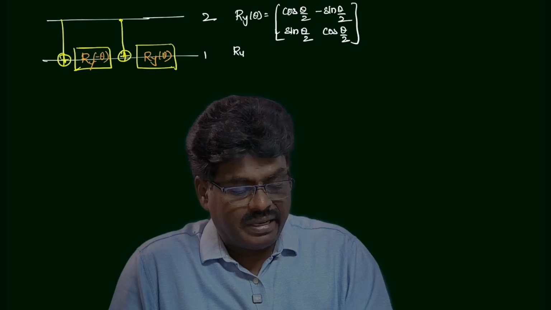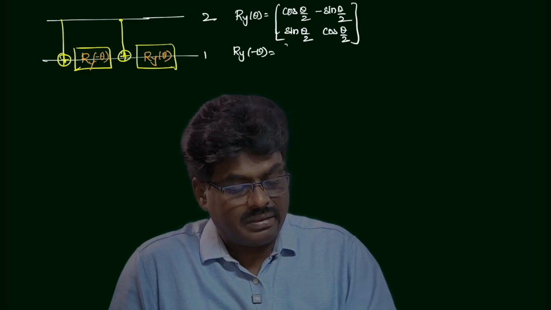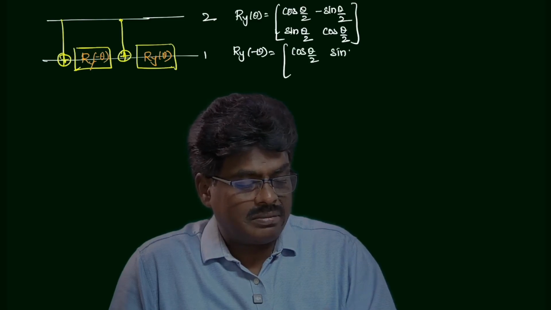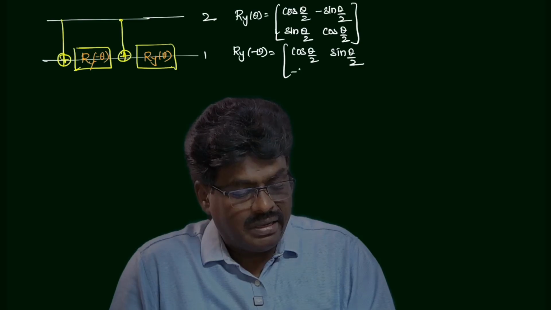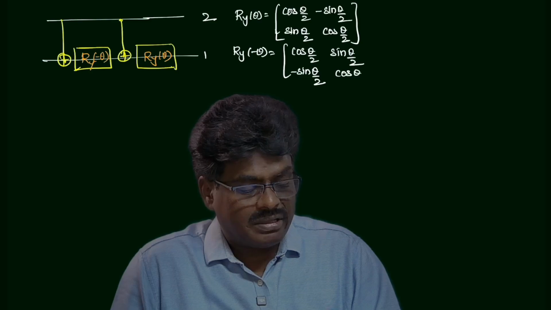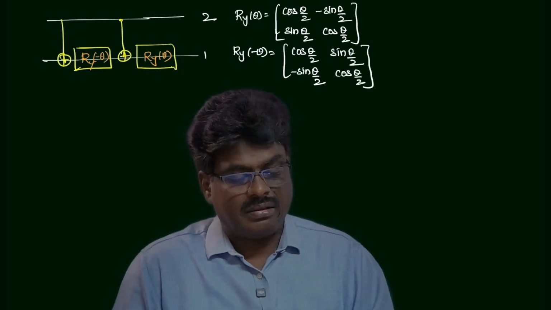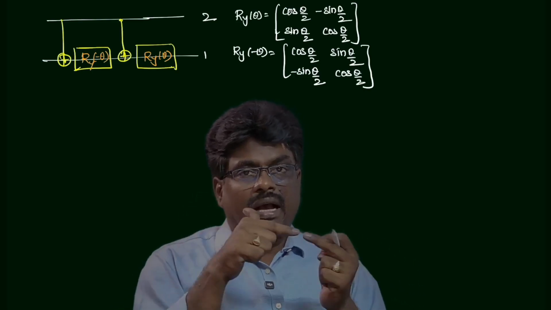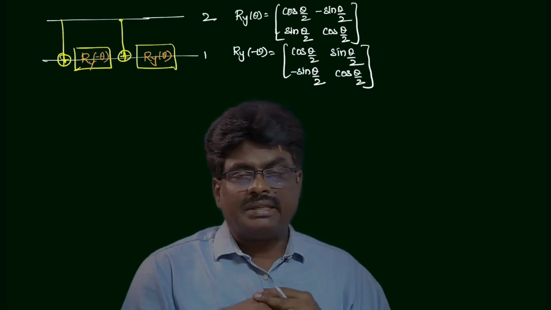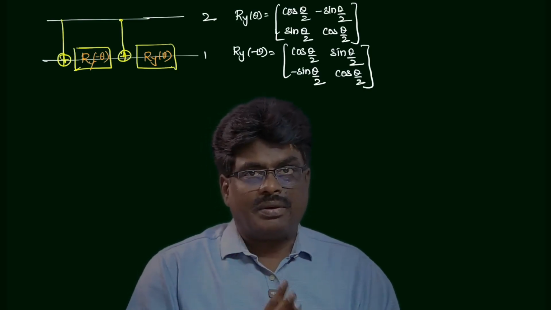And next, if I take Ry of minus theta, so cos theta by 2 only, and this becomes sin theta by 2, and here minus sin theta by 2 and cos theta by 2. So that means what happened? The diagonal elements interchanged. Okay, right.